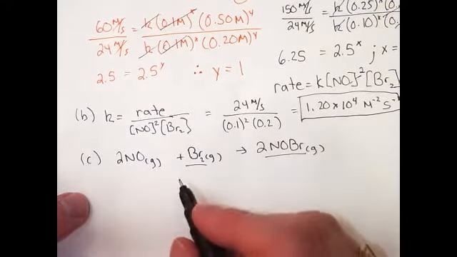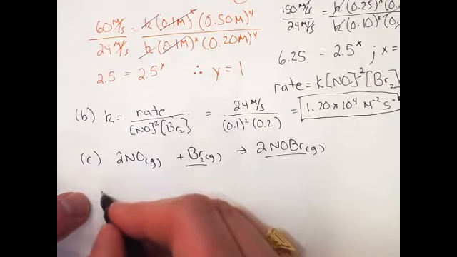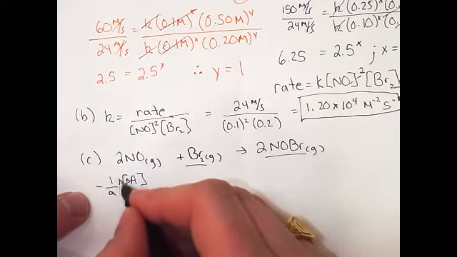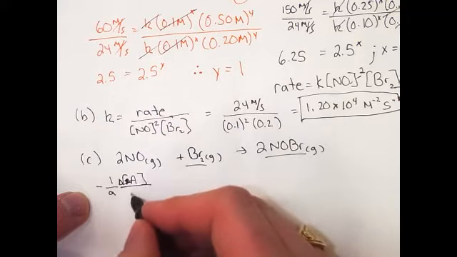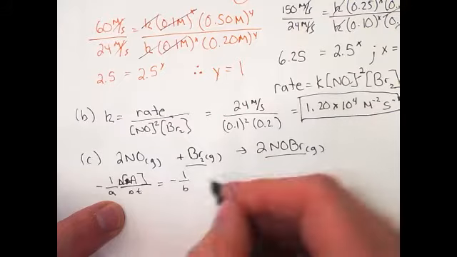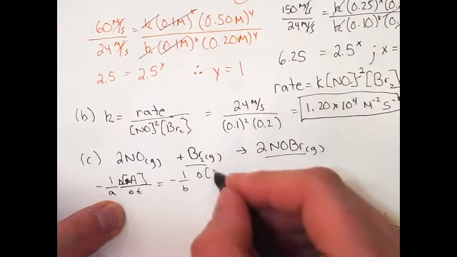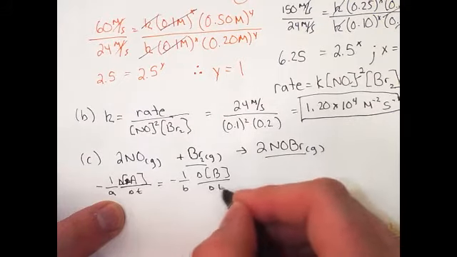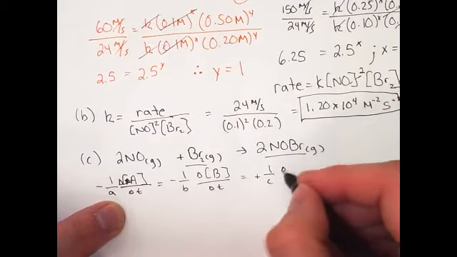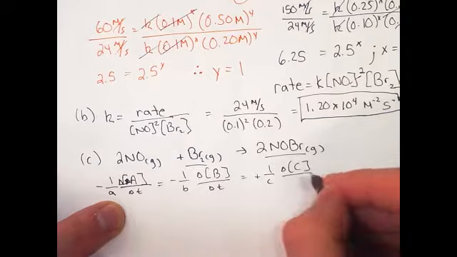So there is a general form, and if you don't remember it, it's negative 1 over little a times the change in concentration of A over change in time, and so on for each species.